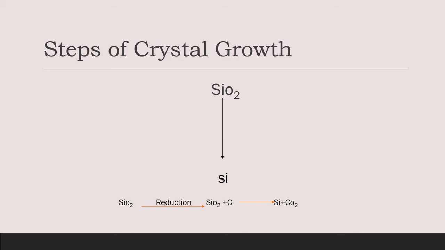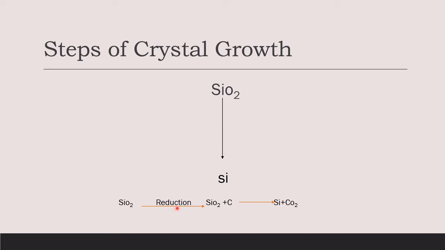So, our starting material is SiO2, naturally available silicon dioxide. You have to purify this naturally available silicon dioxide, and then do a reduction process.